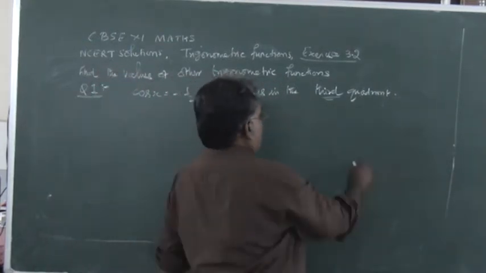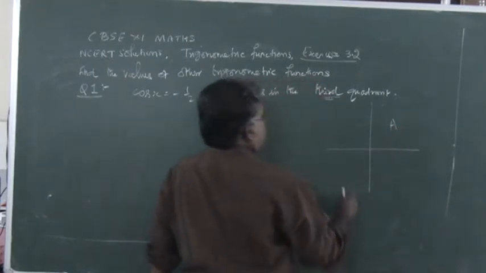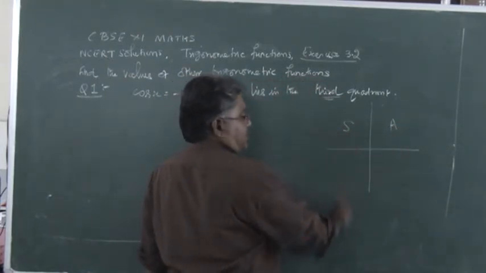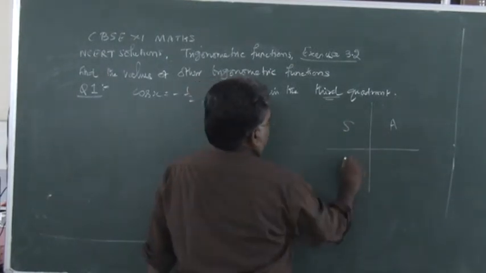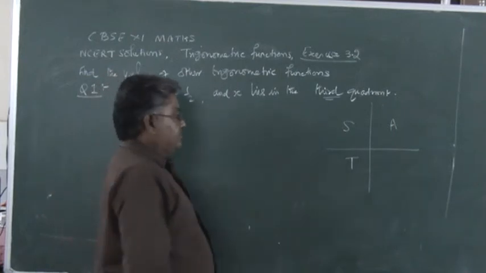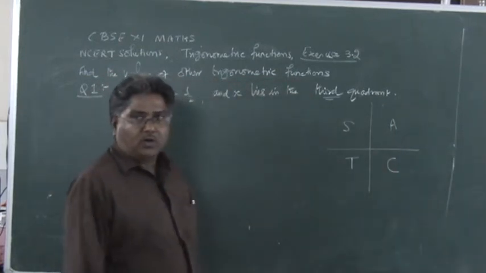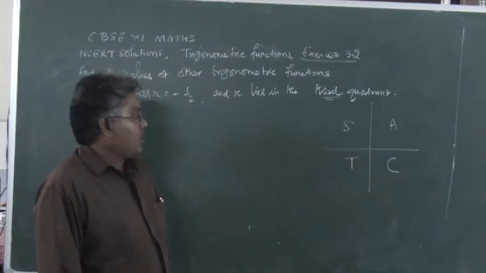all functions are positive in the first quadrant, sine is positive in the second quadrant, tan is positive in the third quadrant, and cosine or cos is positive in the fourth quadrant.